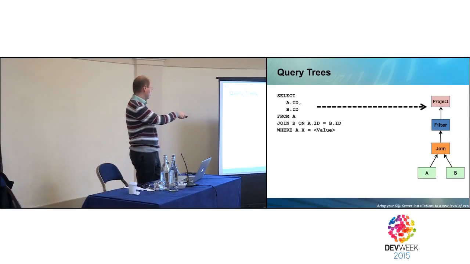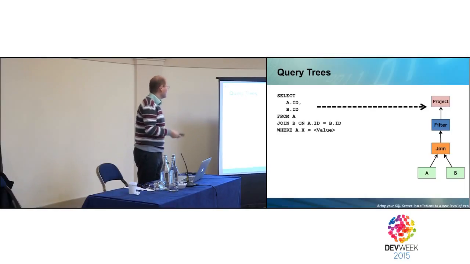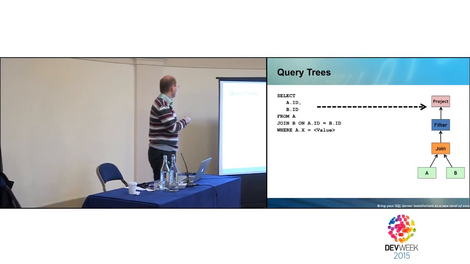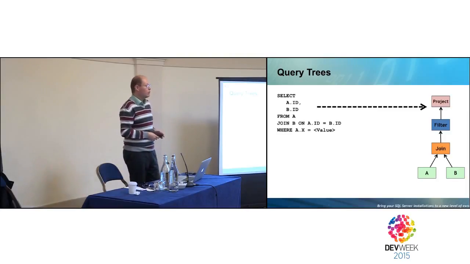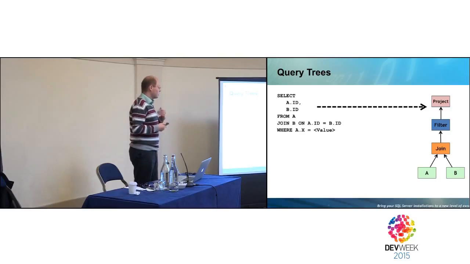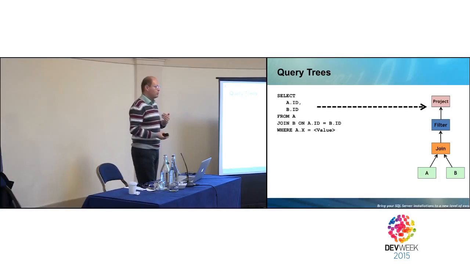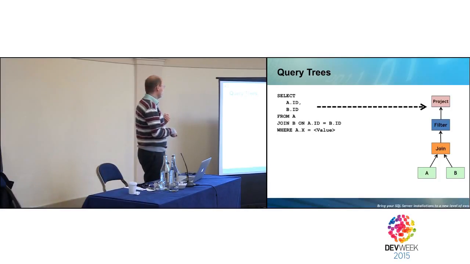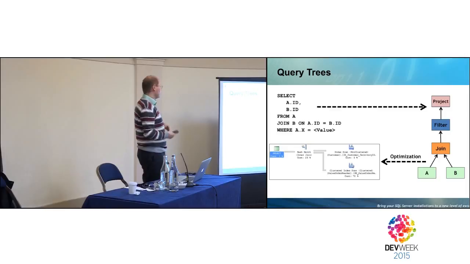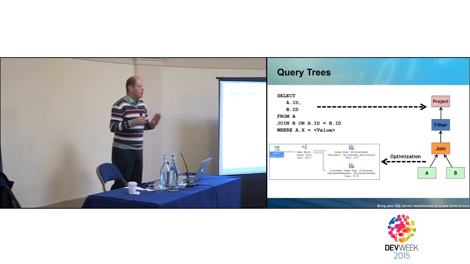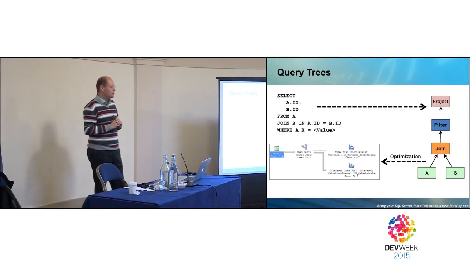As you can see, we have a join between table A and B, and we have a filter where we eliminate some non-qualifying rows, and finally we make a so-called projection where we just select specific columns from both tables. That query tree is handed over to the query optimizer, and the query optimizer generates finally our physical execution plan, and that execution plan is finally executed.